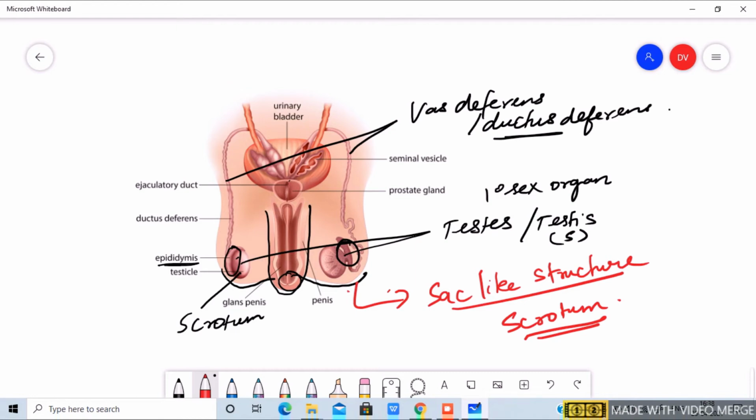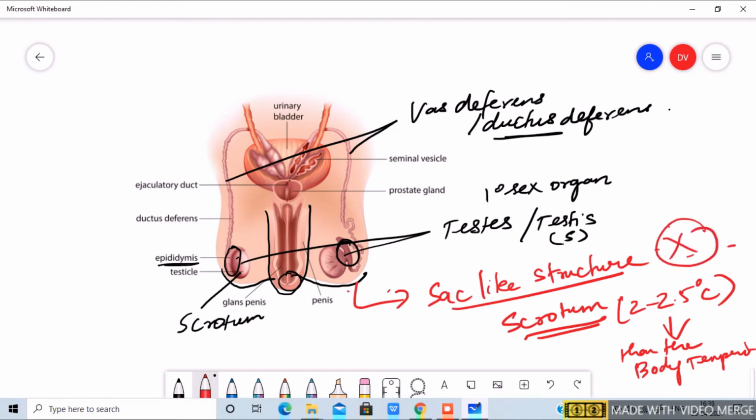Because sperm production cannot happen at body temperature. The normal average body temperature is around 37 degrees Celsius, but the ideal temperature for sperm production is around 2 to 2.5 degrees Celsius less than that. That is why the testes descend externally, outside of the pelvic region, into a bag-like structure called the scrotum. Again, a very important question from exam perspective.